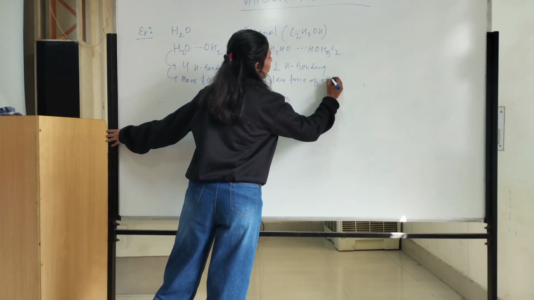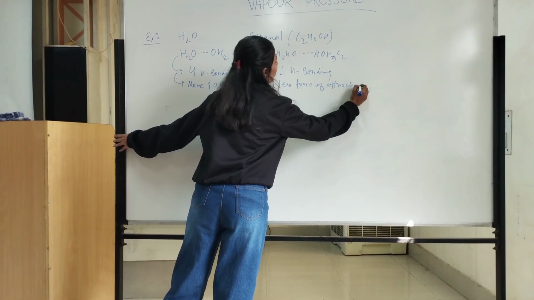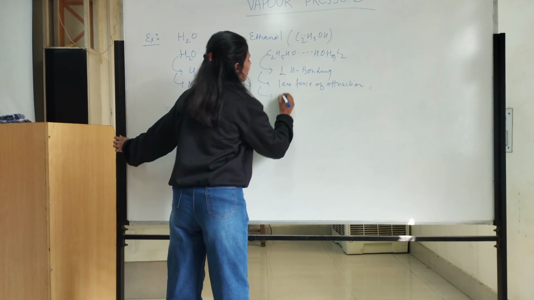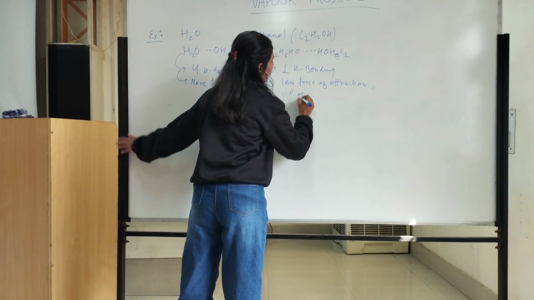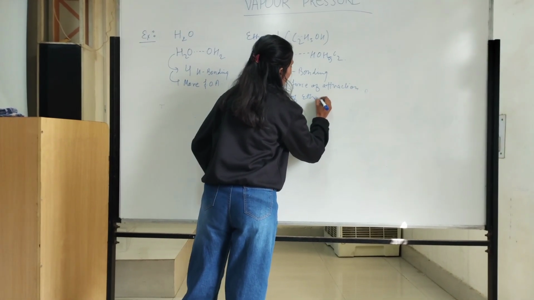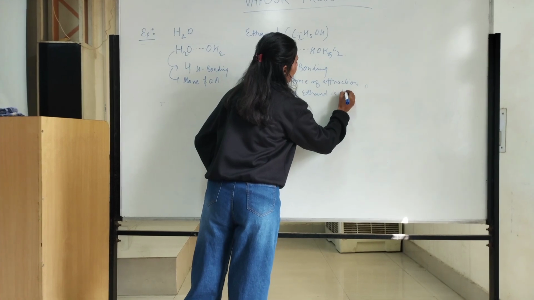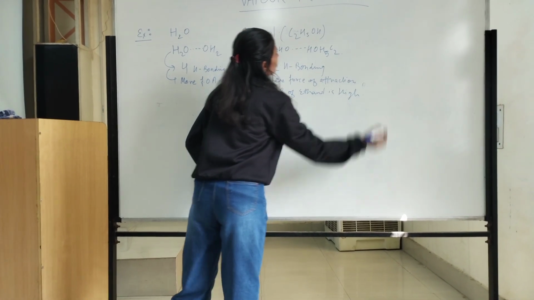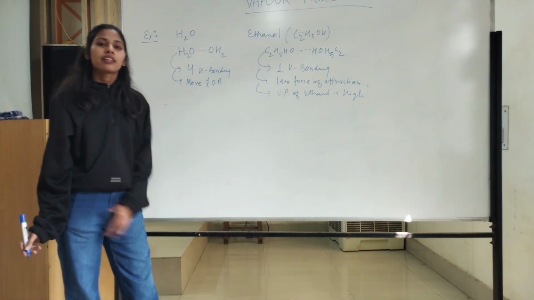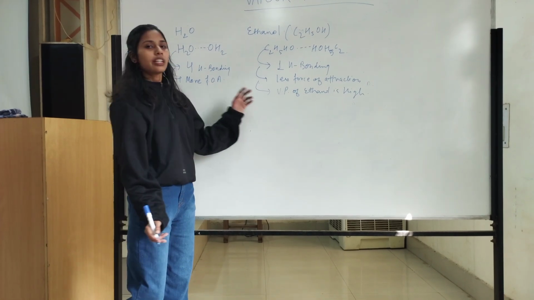We can easily conclude that the vapor pressure of ethanol is high. So this is how we can compare the volatility of water and ethanol.